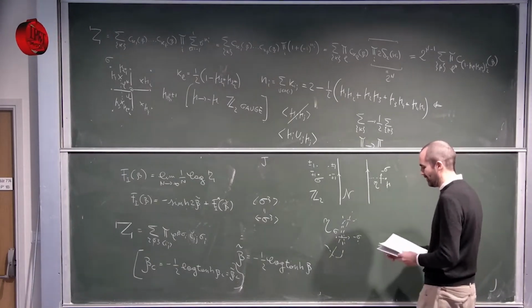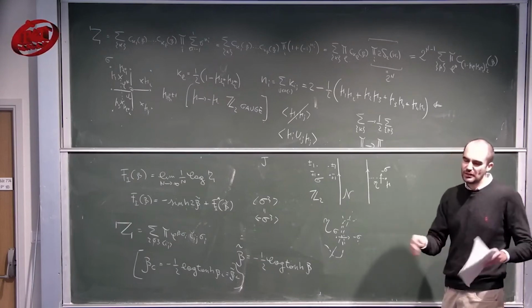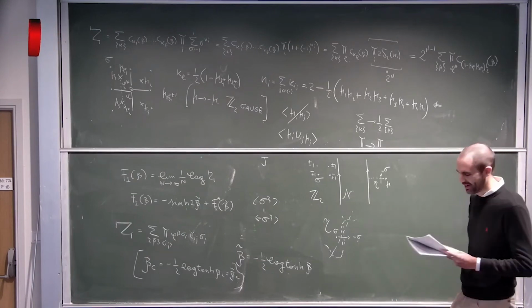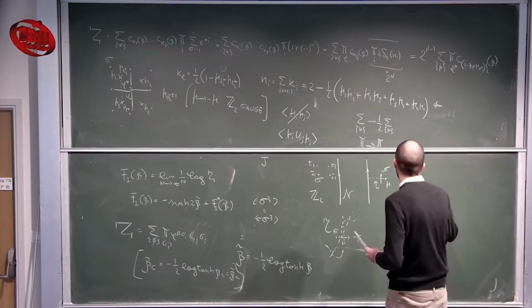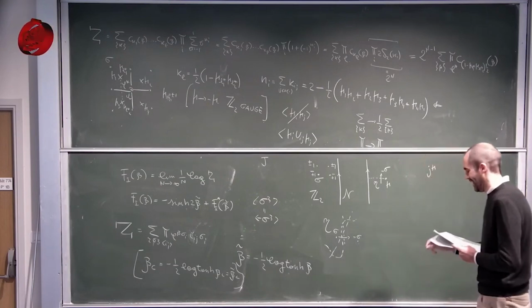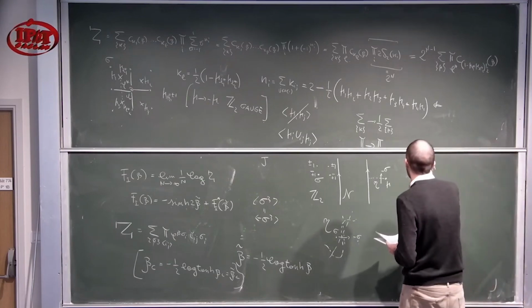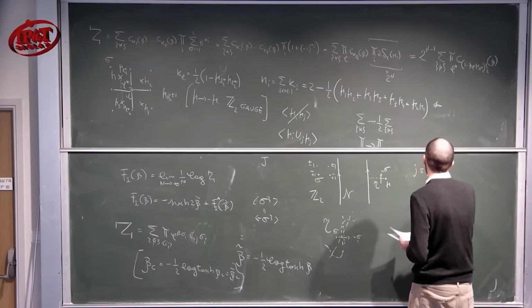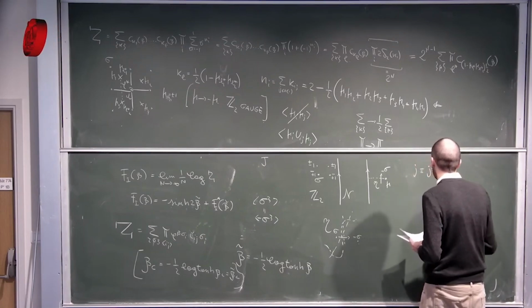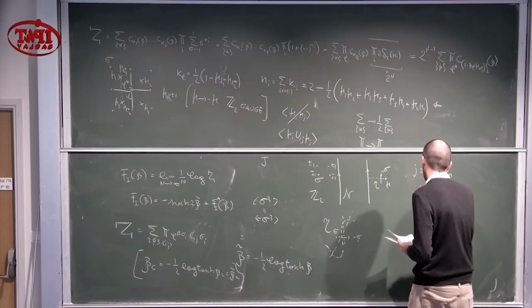Let's say that I have some continuous symmetry, some U(1) or whatever you like, and this symmetry has some current. Then I can define a one form from this current, and then I can define the dual of this one form.